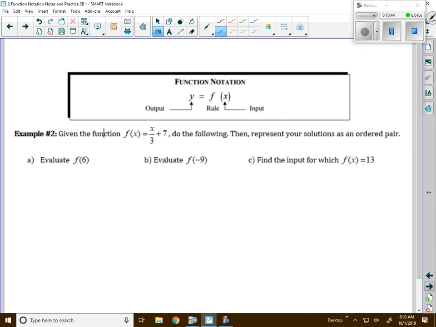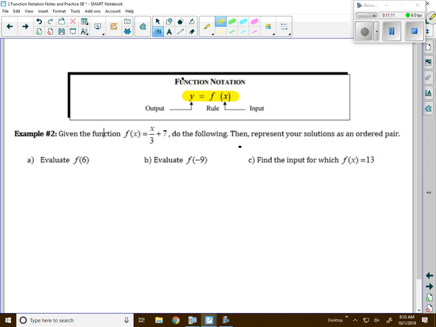Okay, so function notation, right? We have output and input. So the reason that we use f of x is because of that input situation. It's just a lot easier to show what our input is, okay, and our output is y. There's something I really want you to focus on here, okay, and it's this: that y equals f of x. Does any of you know what word replaces equals?